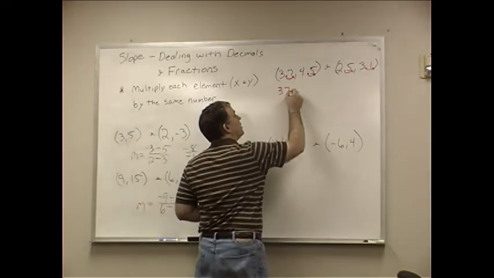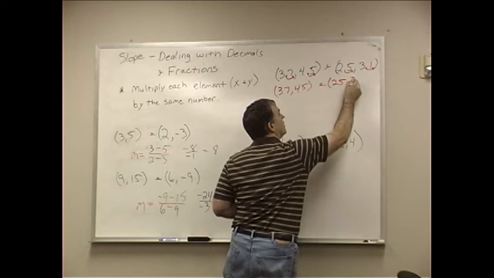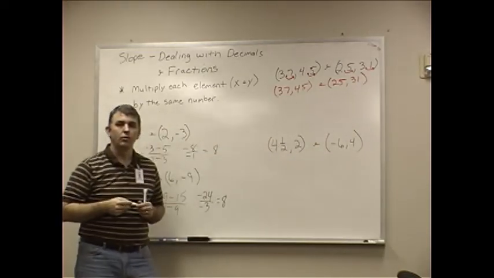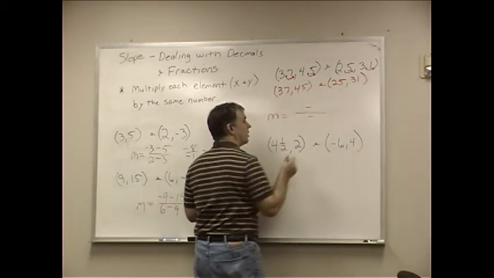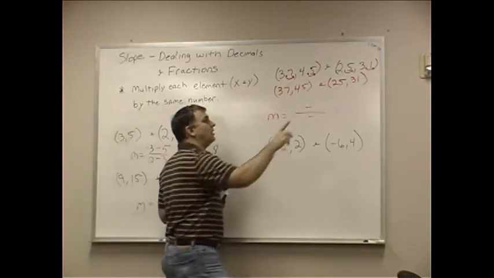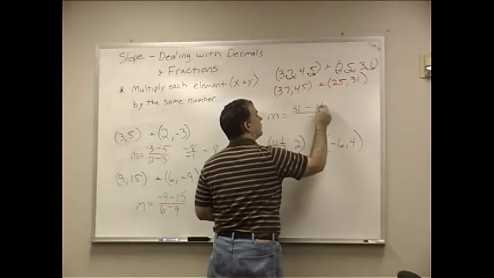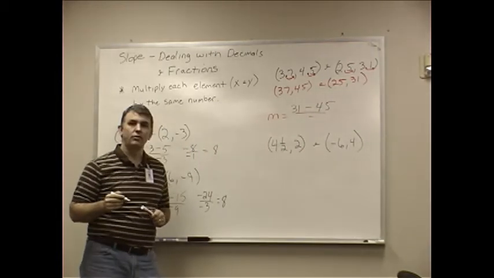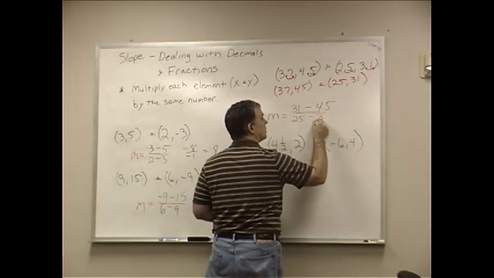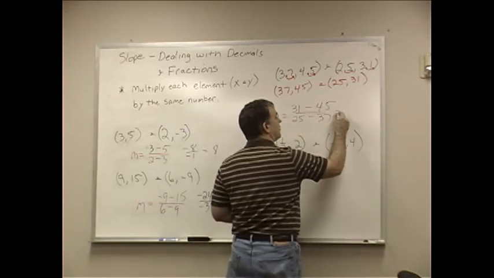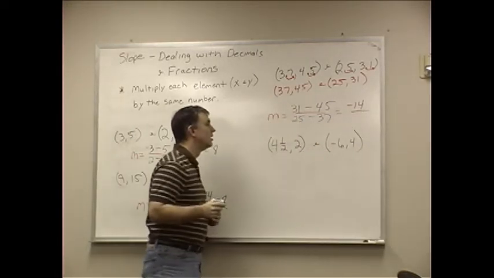So the new point would be 37, 45, and 25, 31. Those are nice whole numbers. That's not a big deal. Now it's m equals y2 minus y1, 31 minus 45, and then x2 minus x1, 25 minus 37. 31 and -45, when you put them together, that's -14.